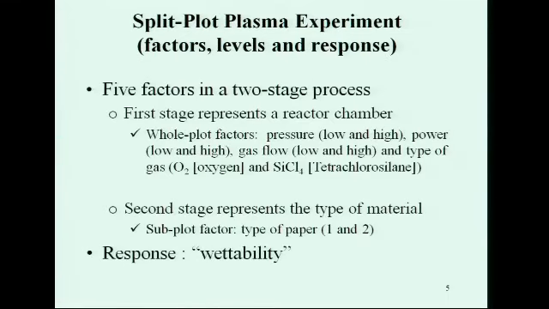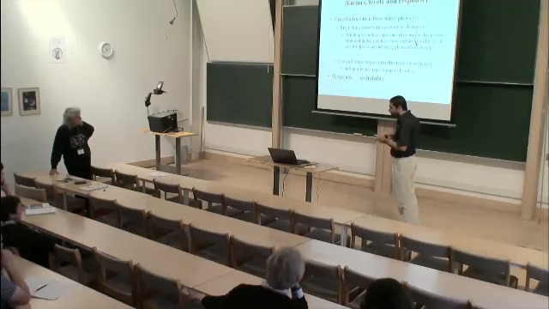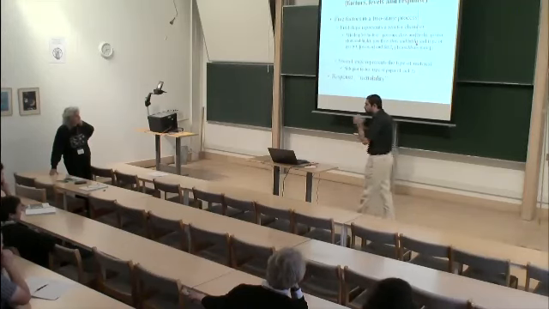Is the factor pressure important or active? If so, it's going to appear in the model through a main effect or an interaction or both. It doesn't need to be the main effect. The main effect itself doesn't need to be significant or active.